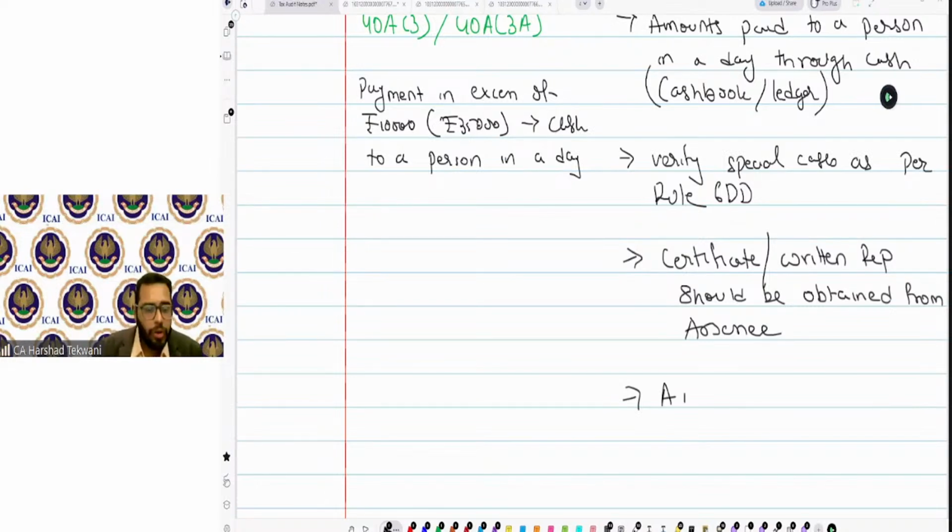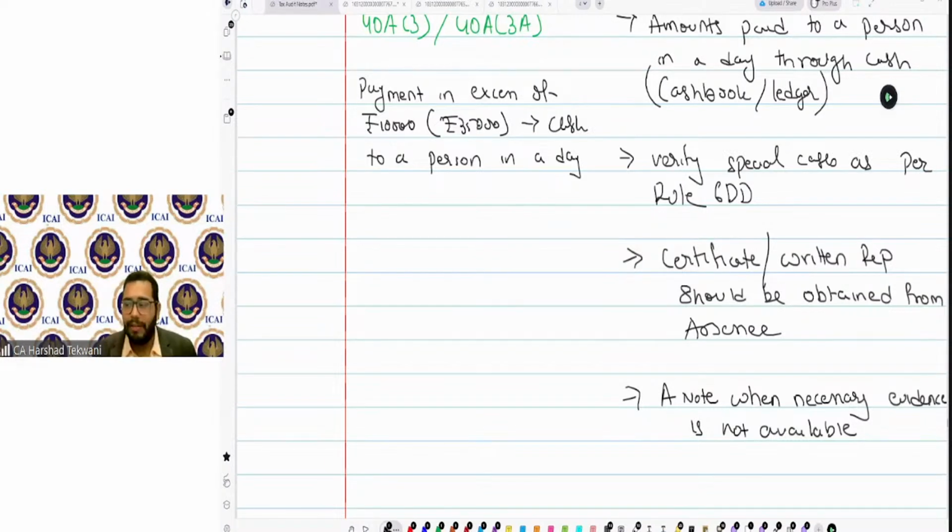So, a note when necessary evidence is not available. Kind of a disclaimer note, I would say, that it is not possible for us to verify. The way we do a disclaimer of opinion, a disclaimer note that we were not able to verify because the necessary evidence was not available.